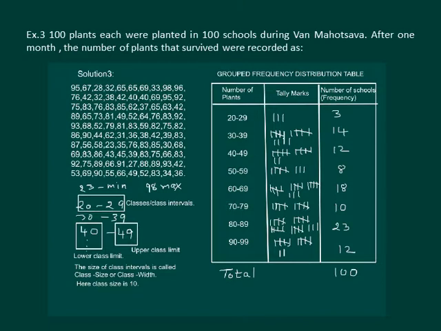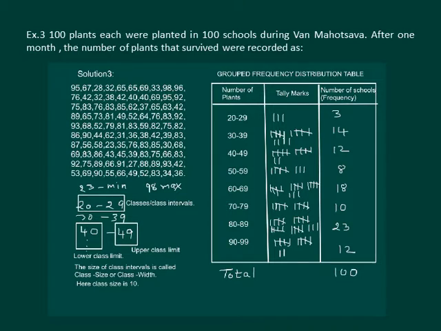Hence, we see that presenting data in this form simplifies and condenses data and enables us to observe certain important features at a glance. This is called grouped frequency distribution table.